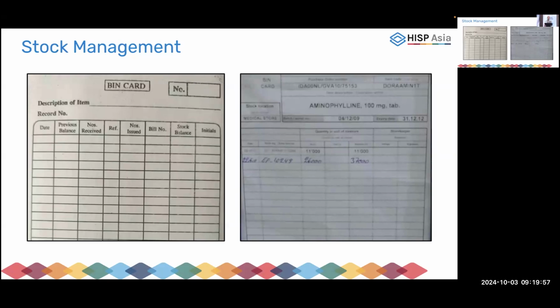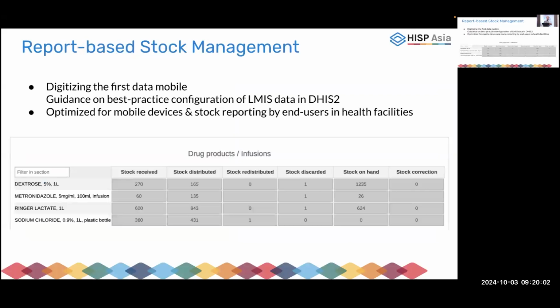And from the paper tools, it's very difficult to have that timely access to data, which is why we strongly recommend having that digitized within DHIS2 and made available for decision makers, either at the facility, at the district, all the way to central level, to quickly have your quantities for stock received, stock distributed, stock on hand, stock corrections, to have that national visibility. Really a first step to digitizing facilities, which in large part are very much paper-based.